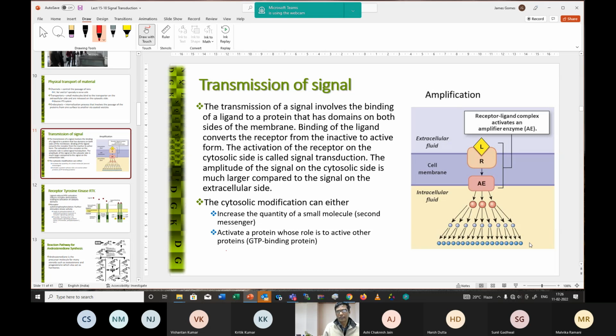Similarly, if you have adrenaline in the system, then just 1 or 2 molecules can actually initiate a whole cascade of events and give you the fight or flight kind of response. It's more easily visible in the wild, where you have, let's say, a predator like a lion stalking a prey like a deer or some other smaller animal.